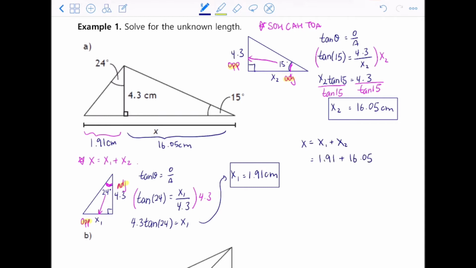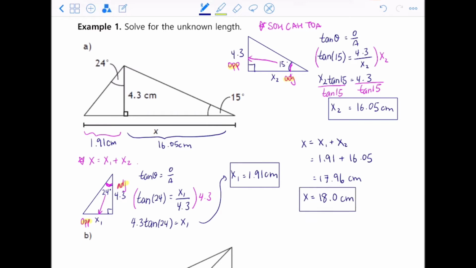And this turns out to be 17.96 centimeter. And then I'll round this to 1 decimal place, but then it turns out to be 18.0 centimeter.